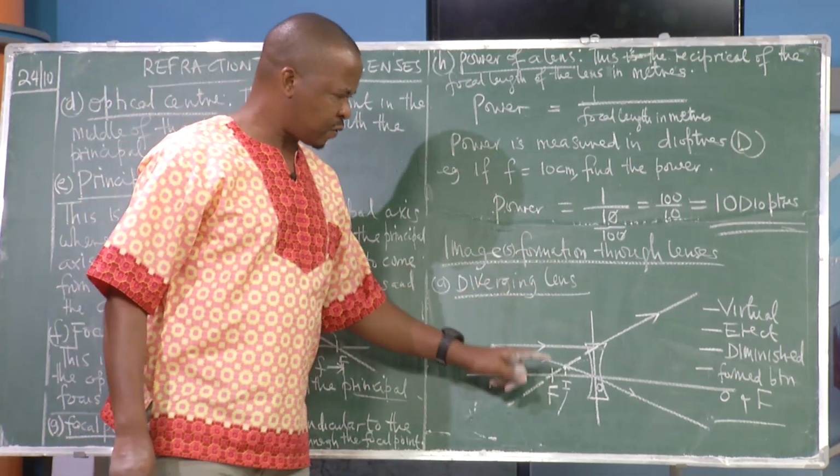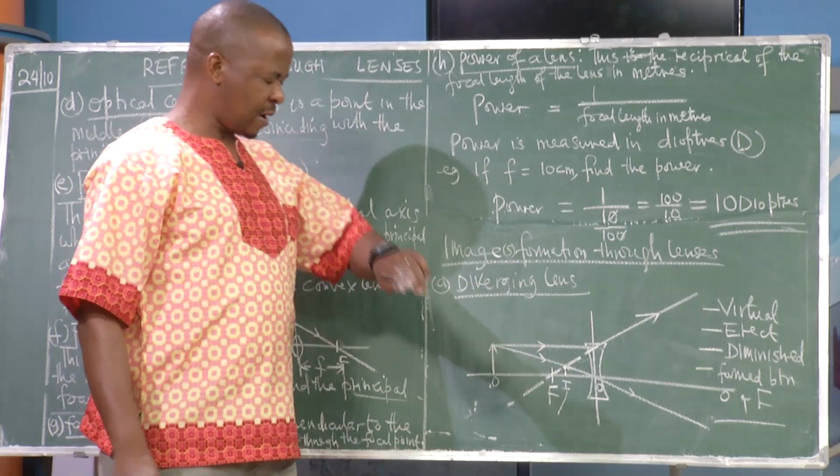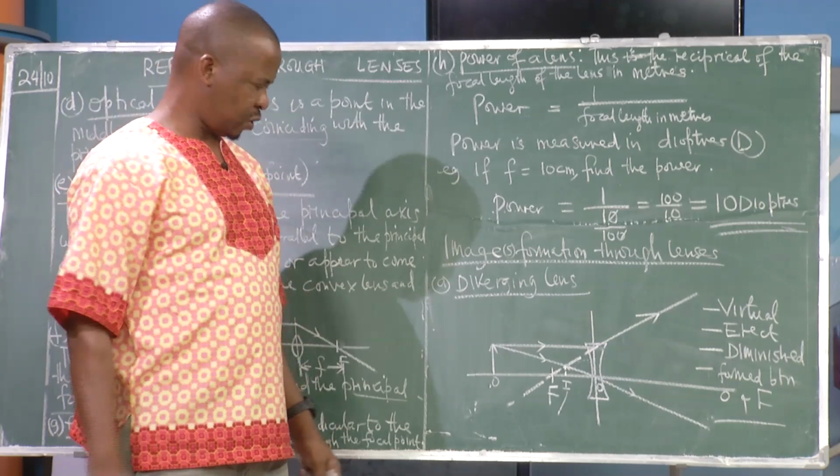Diverging lenses strictly form a virtual image and must be between O and F, irrespective of the position of the object.